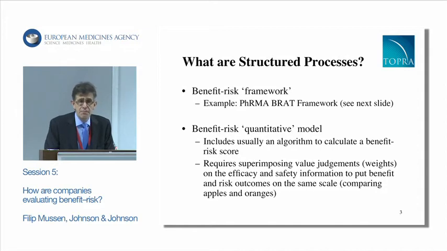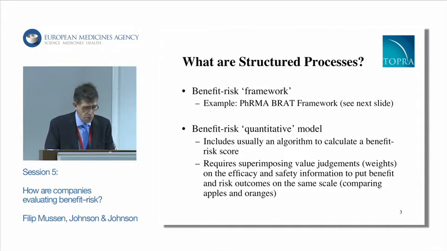And obviously, in any benefit risk process and decision-making exercise, there are always quantitative data. The quantitative data are at the center of the discussion. So when we talk about a quantitative model, what we usually consider to be a quantitative model is a model that includes an algorithm to calculate a benefit risk score.